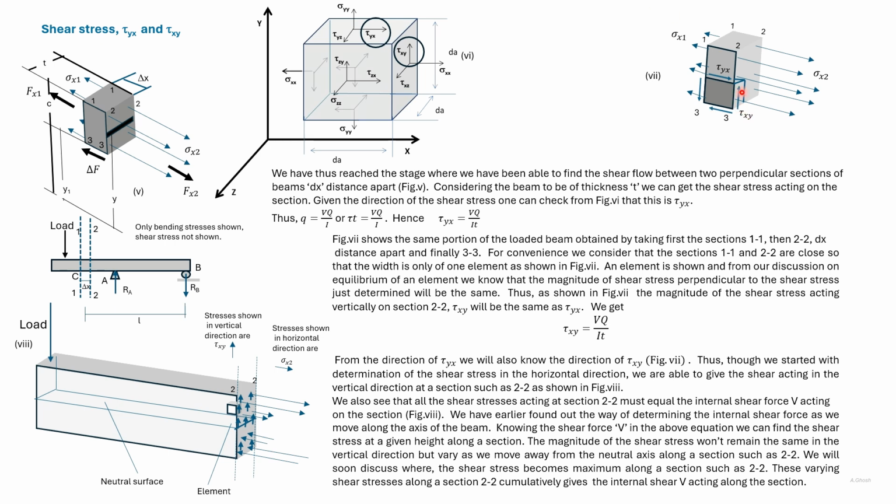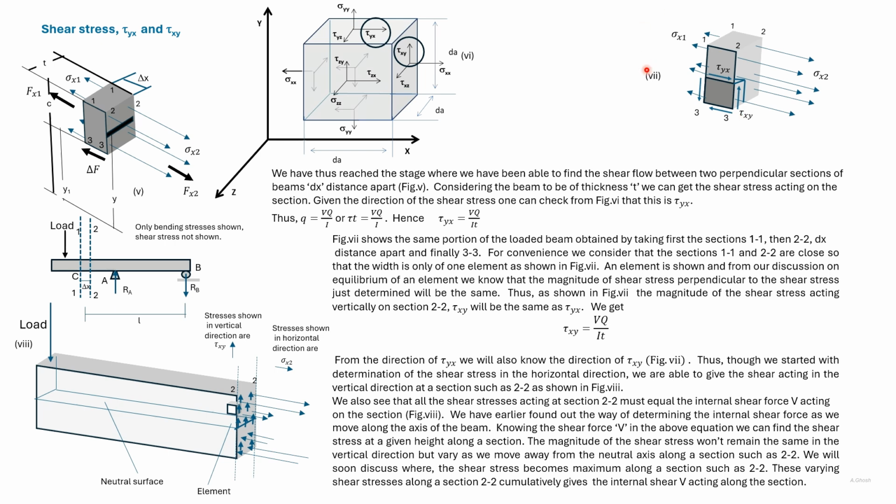So for this element, if there's a shear stress at the underside, section 3-3, there will be shear stresses on the other side and on the top. From the unit cube, we can see that the designation of this shear stress is tau xy.